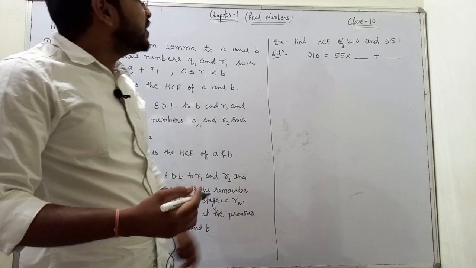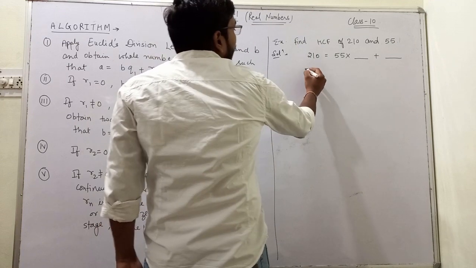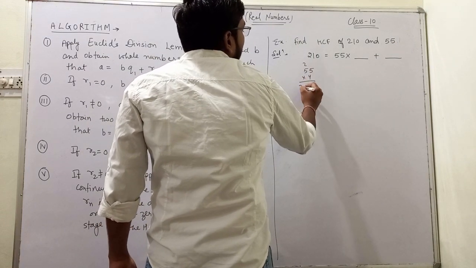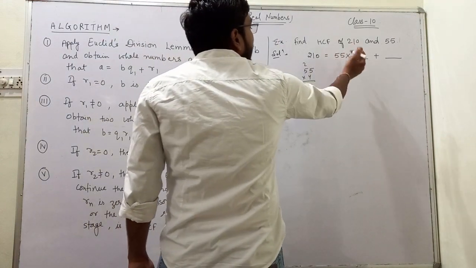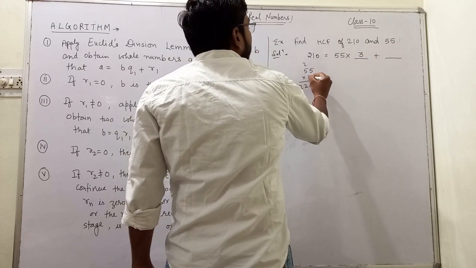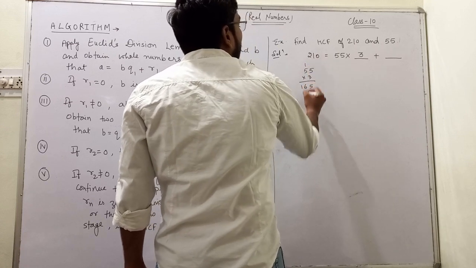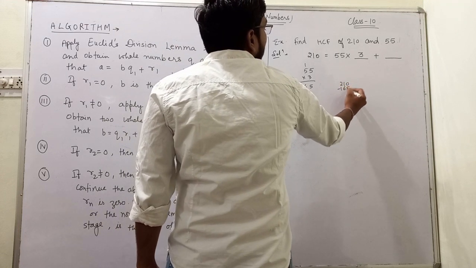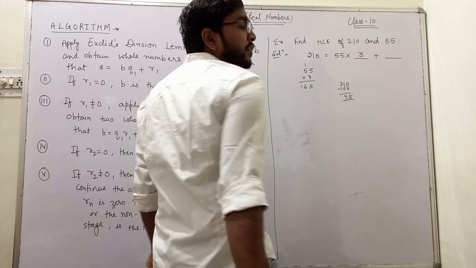Here I can see that if I multiply 55 by 4, then I get 220. So 55 should be multiplied by 3 and the remainder will be 210 minus 165, that is 45.